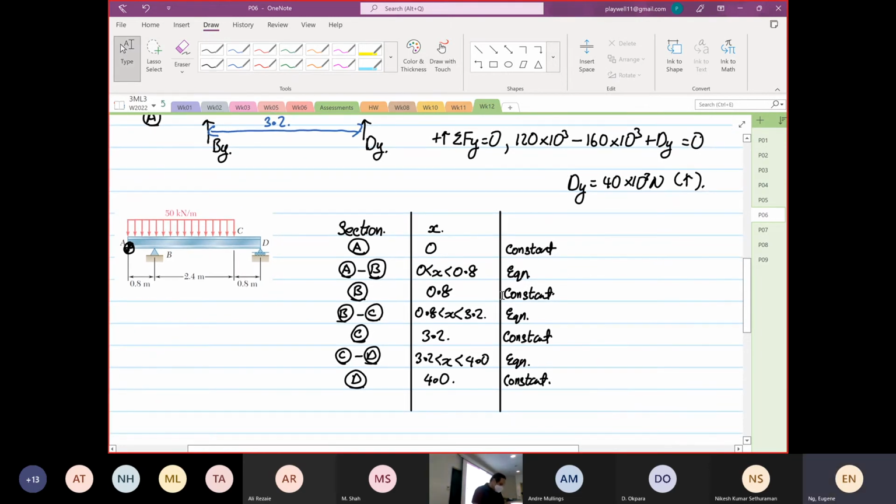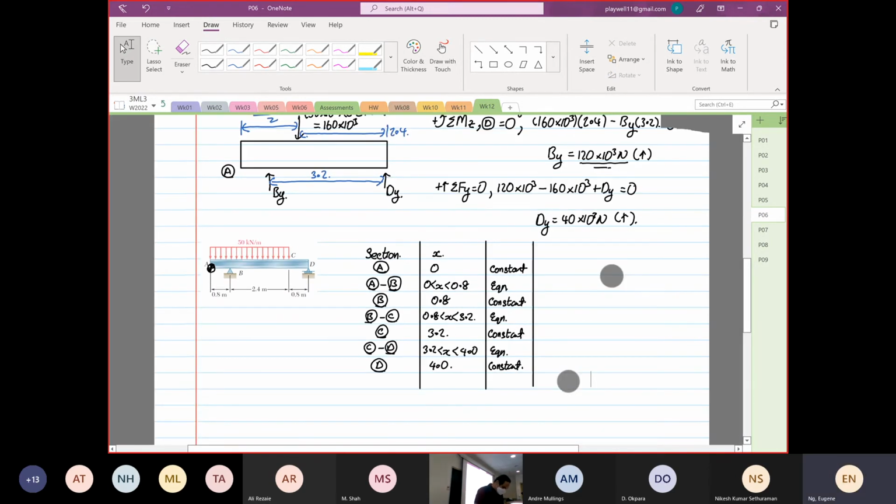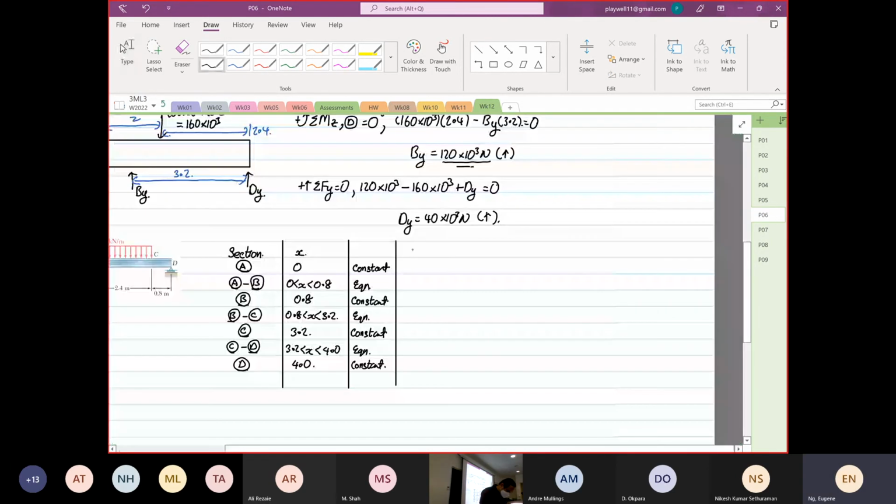And then from here, you're going to have another table, and this will be on your shear force.